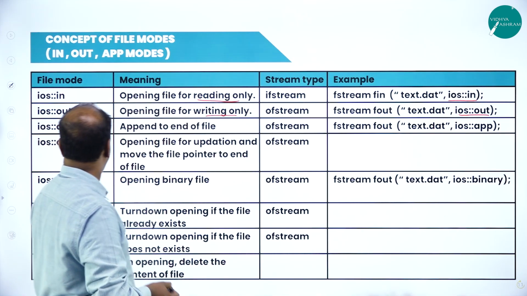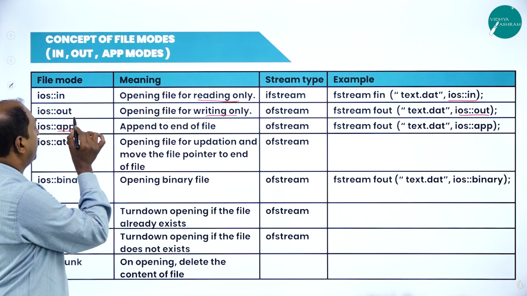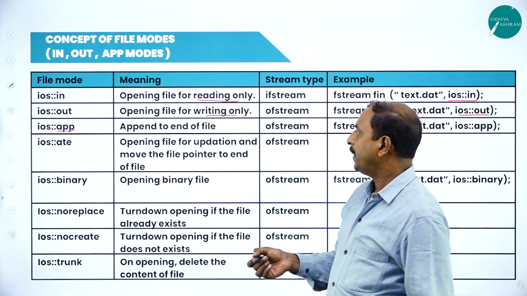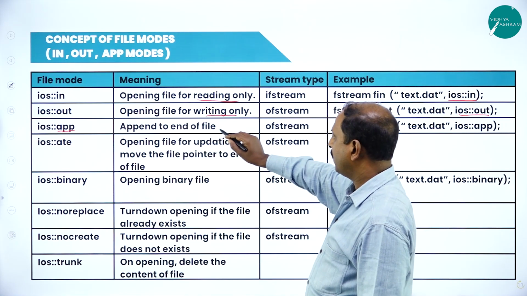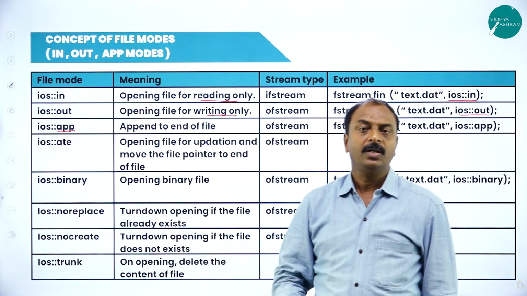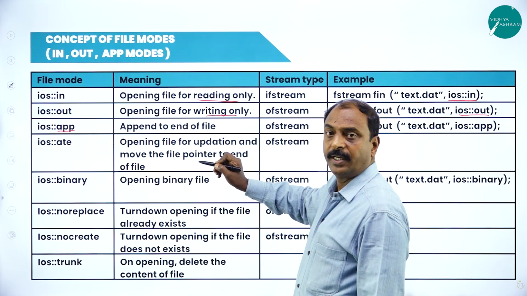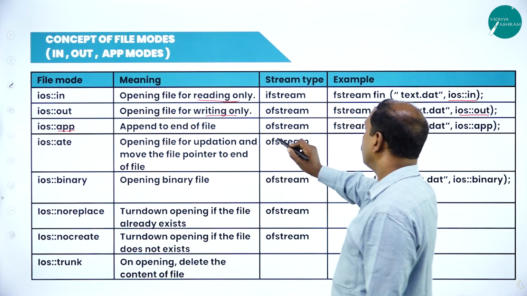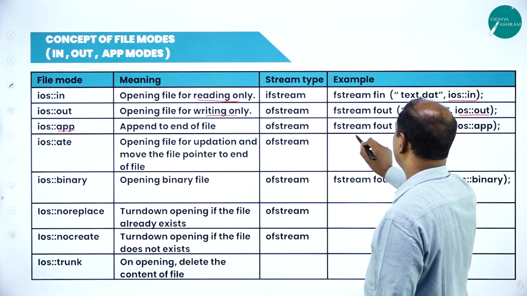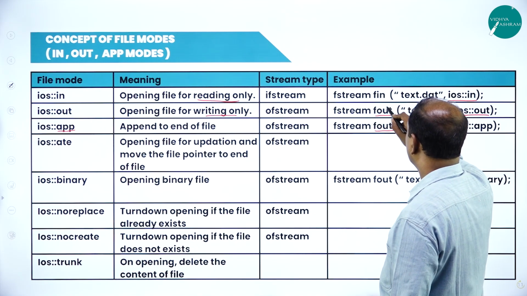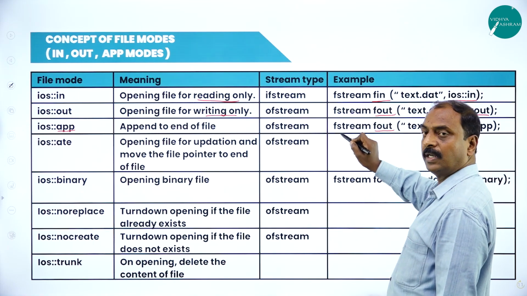Similarly, we have append, app. Here app stands for append the data. Appending the data is nothing but adding data to the existing file at the end of the file. It belongs to the class ofstream, for example fstream fout. All these are objects of the respective classes.